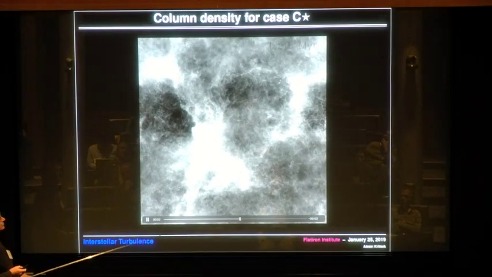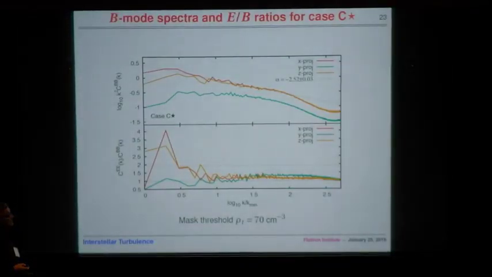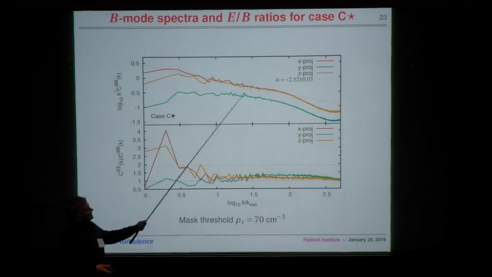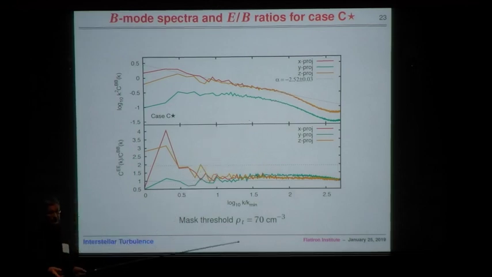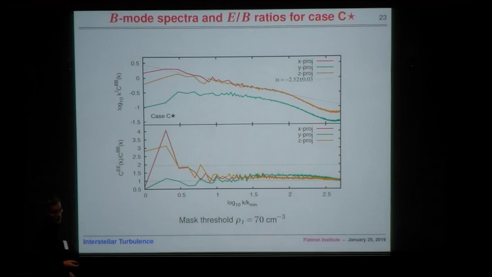Okay, now this is a model with supernova forcing. You see the case looks different, but also the Alfvén Mach numbers are much higher than in all other models. So this is again a multi-phase model. The slopes of the spectra are very similar, again 2.5, pretty close to 2.4 as observed, but the E to B ratio is off by quite a little bit, right?